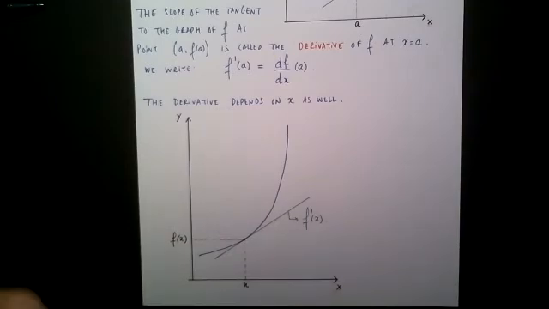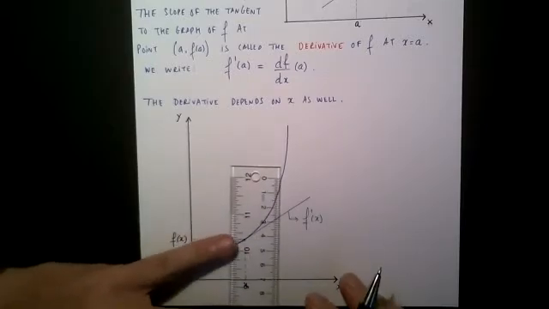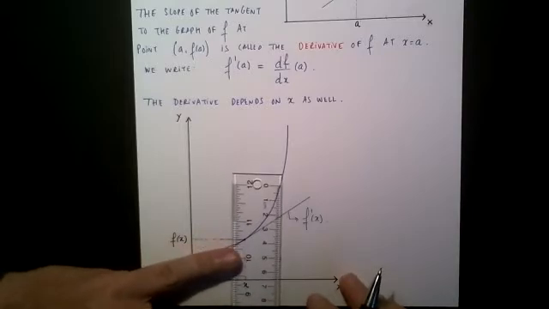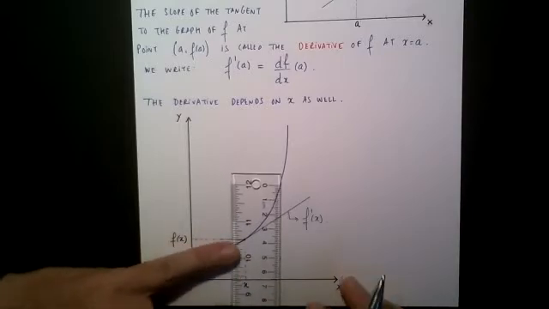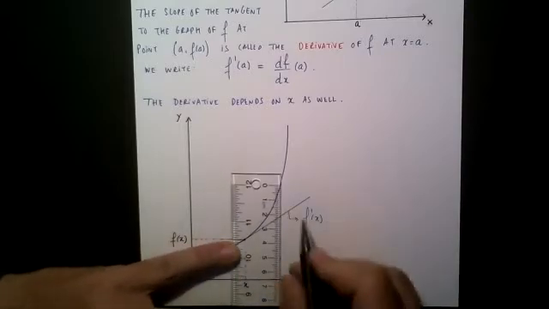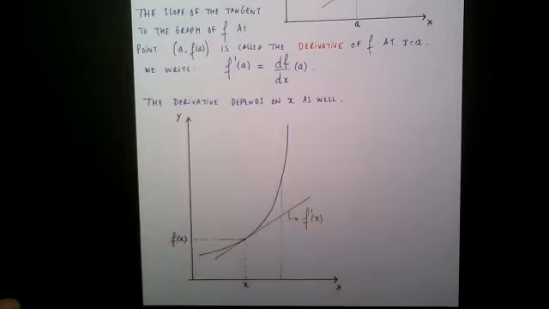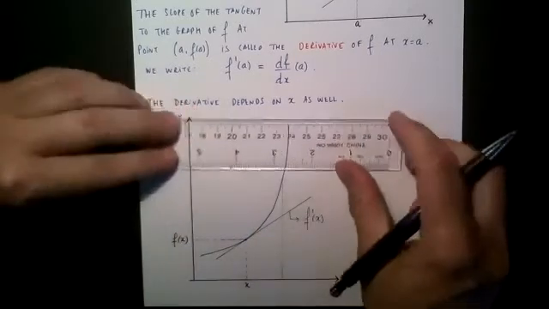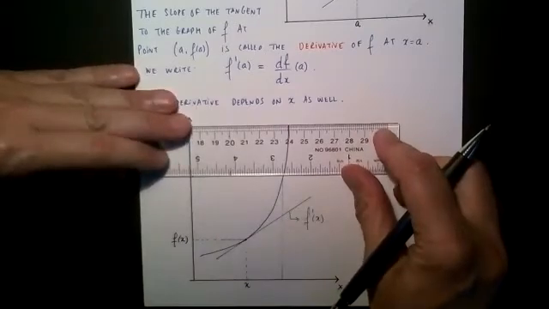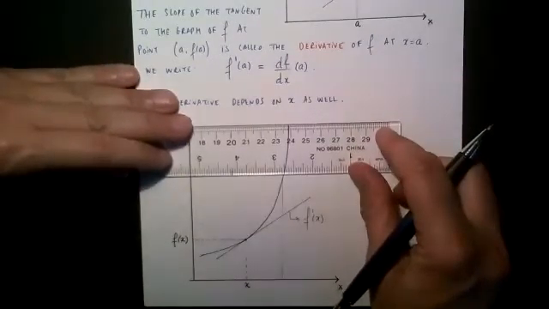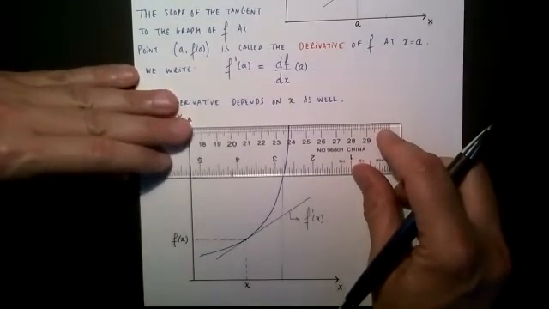So what I'm going to do is take another point. Are you following me so far? I guess your silence means you understand. So I'm going to take another value a bit further, and locate another point on my graph.